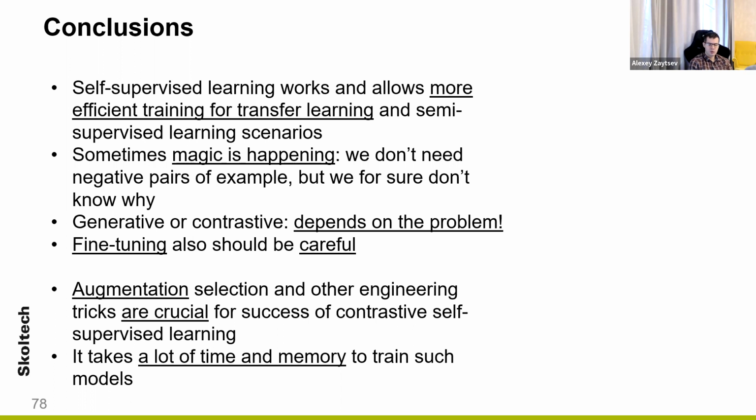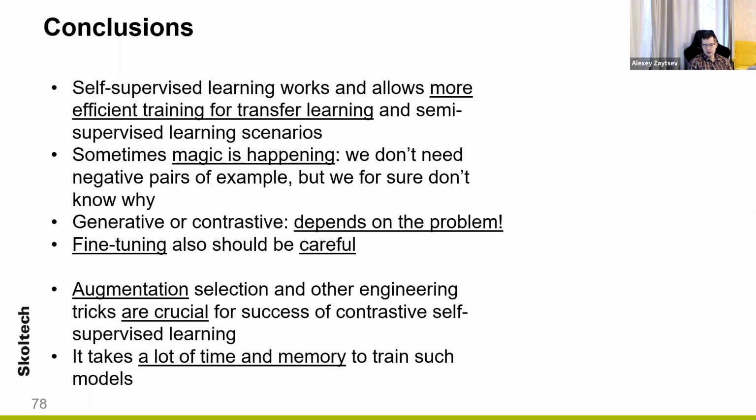If we want something more general, maybe we can use contrastive models. Also, we can say that fine-tuning is another area to explore, and I think it's underdeveloped. People don't pay enough attention to how we should do fine-tuning for a particular problem set. What's the right tool to do it?